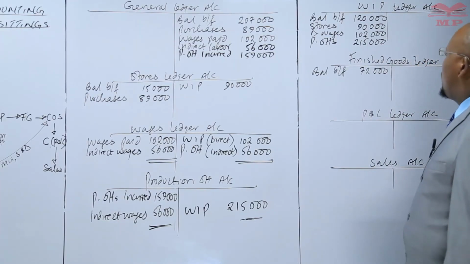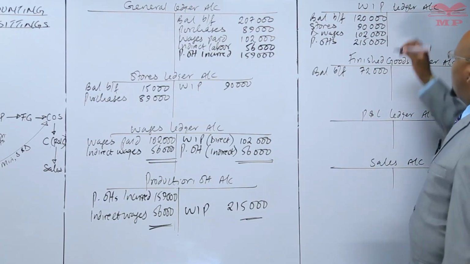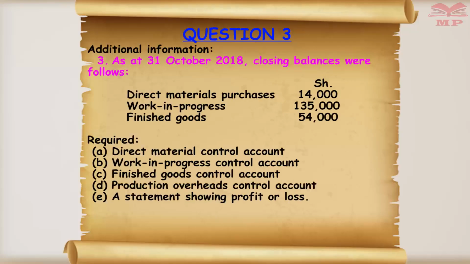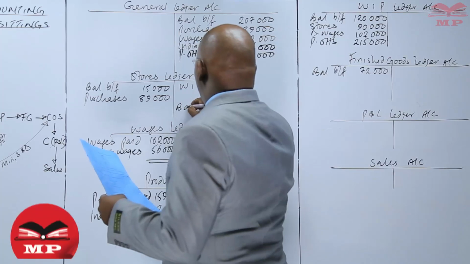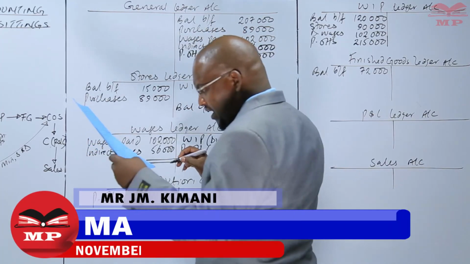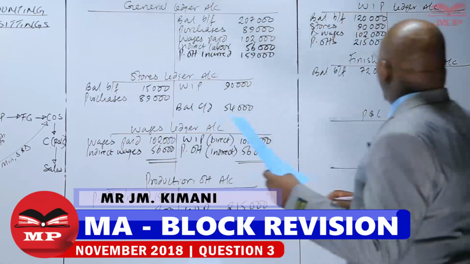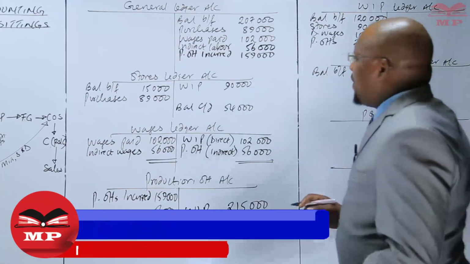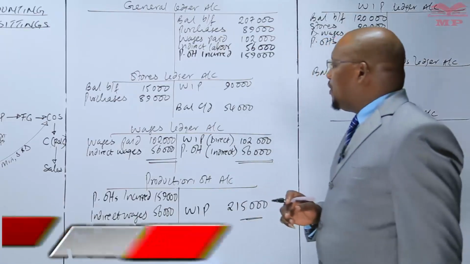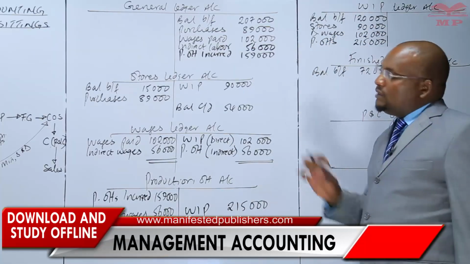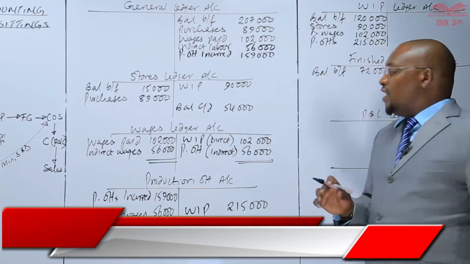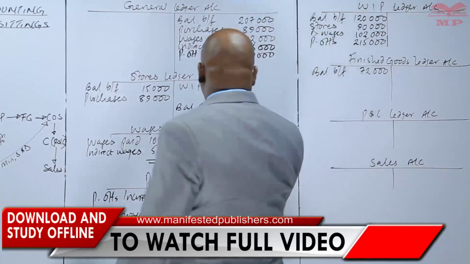Then from there, we look at what we transfer, and we have some balances, by the way. There are some balances given in note number 3. That as at 31st of December, materials here, we have balance carried down. So balance carried down for materials is 54,000. When we have this balance that way, we require to know what should be the balancing entry, because if it's not balancing, there must be something.